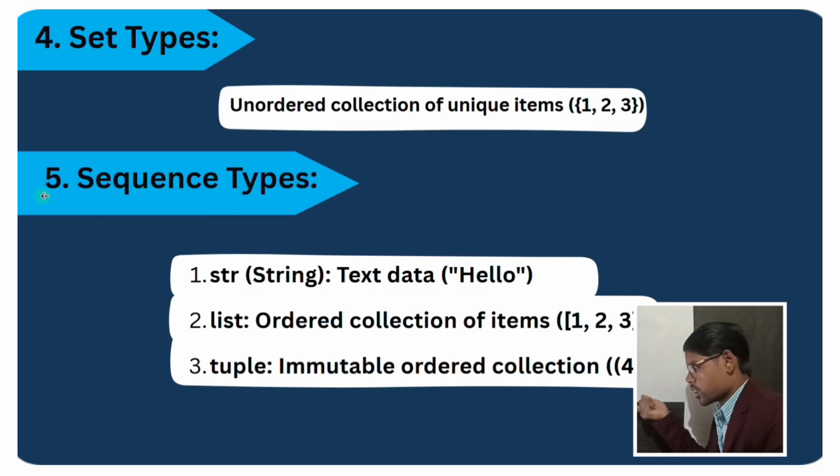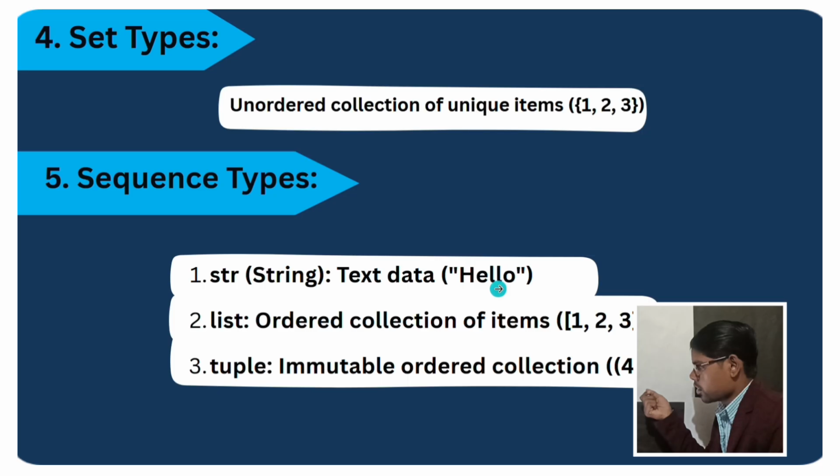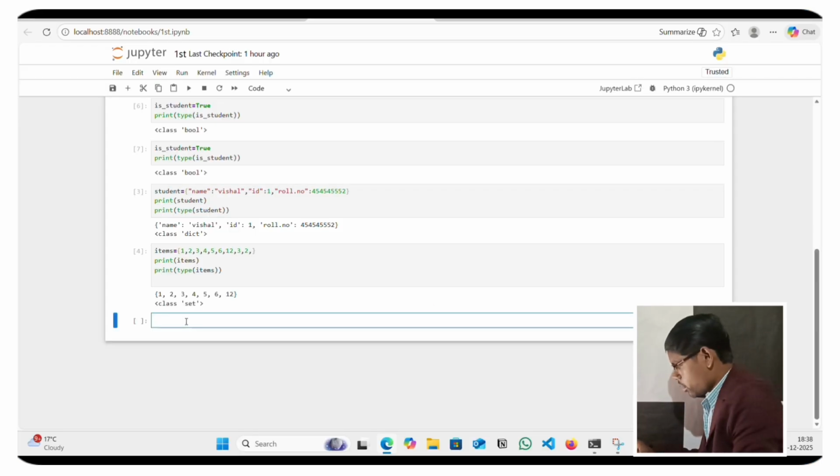And next, sequence type. It has three types: strings, list, and tuple. String contains text data, like a name, hello, and other characters. It is a collection of characters. Like name, Shah, which contains my name.